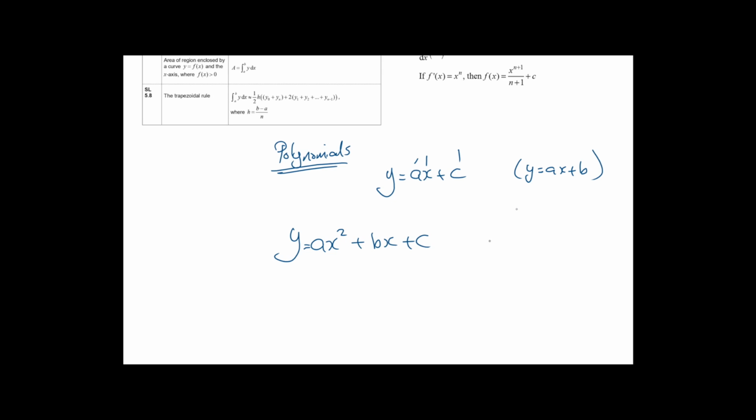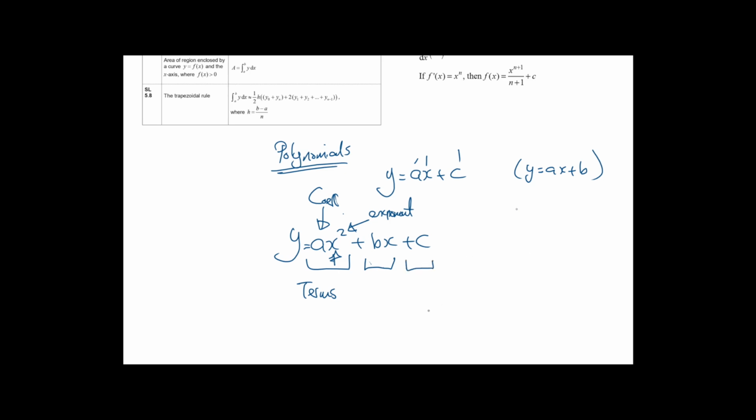You should be familiar with those by now. So this is the coefficient. These are the terms. This is the coefficient. The variable, of course, is x, and there's the indices or the exponent.